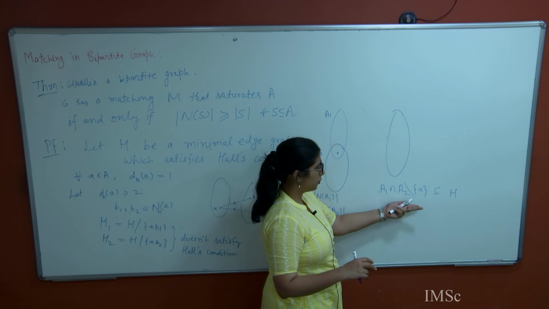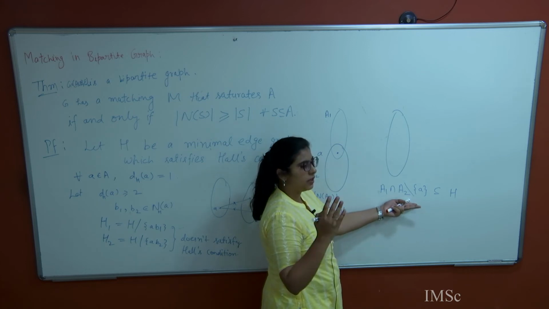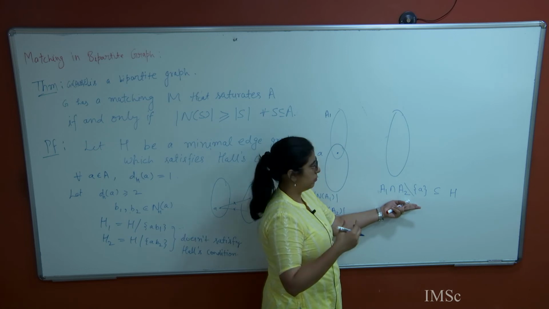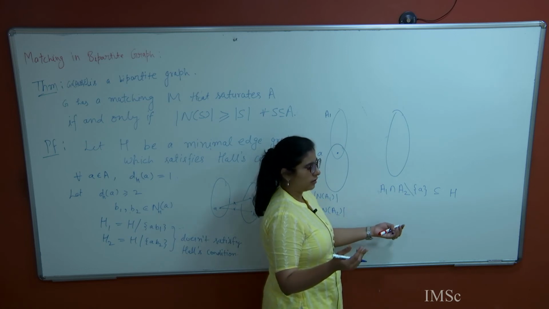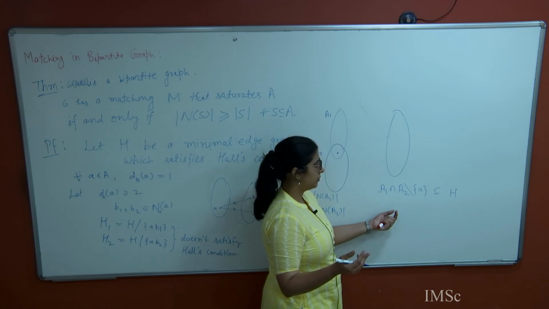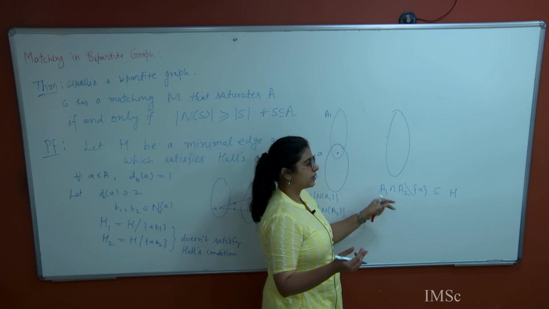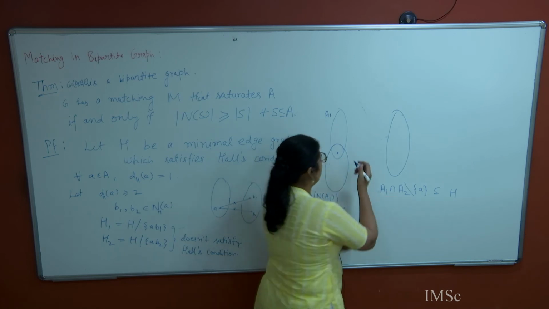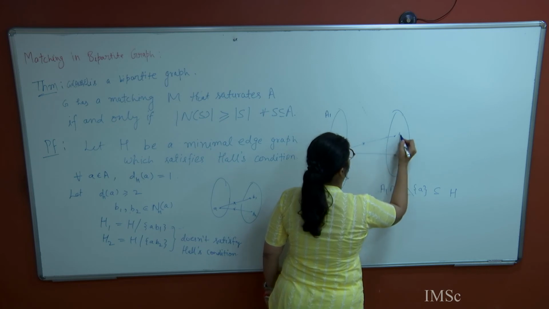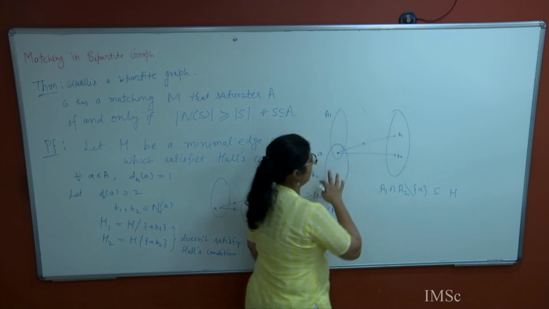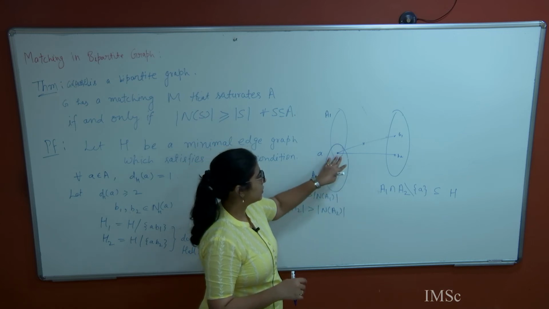So, if I can show that for this particular set Hall's condition fails, that means my H did not hold Hall's condition. A was part of H, but now I am removing it from this set, because I want to show that these edges do not affect this set.